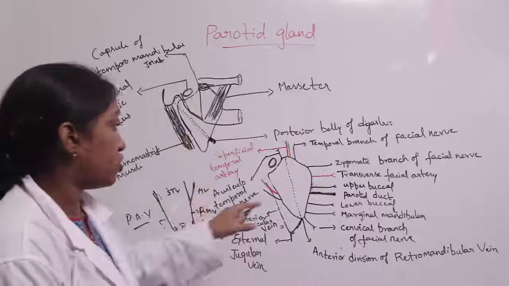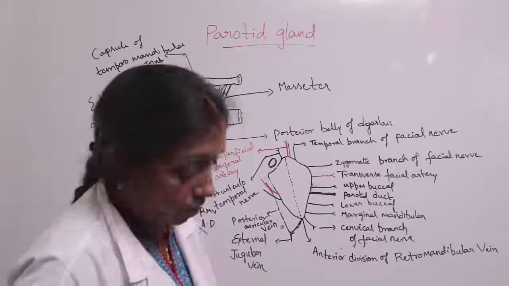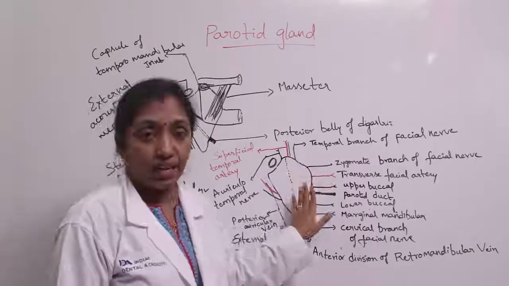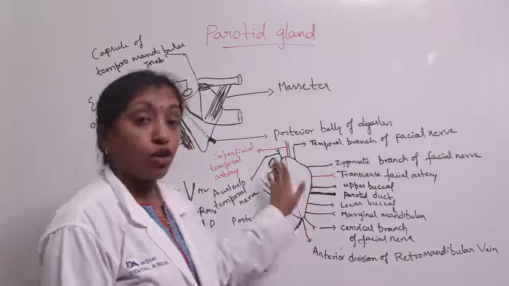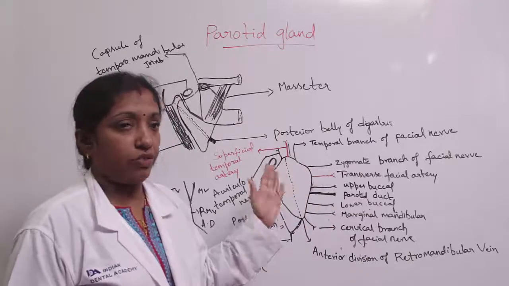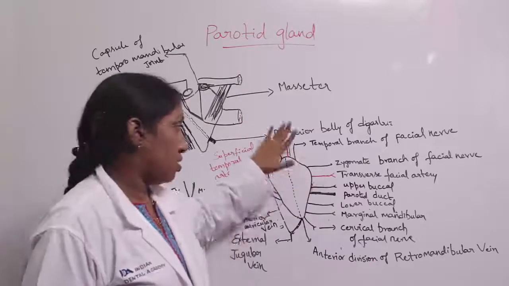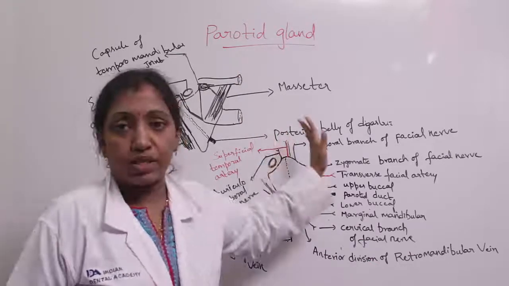The superficial surface of the parotid gland is covered by skin, superficial fascia and also the superficial lamella of the investing layer of deep cervical fascia. We already told that the parotid gland is covered by a true capsule and a false capsule.